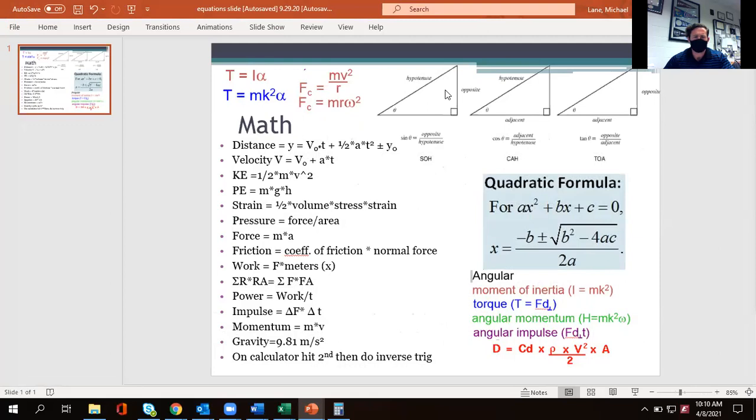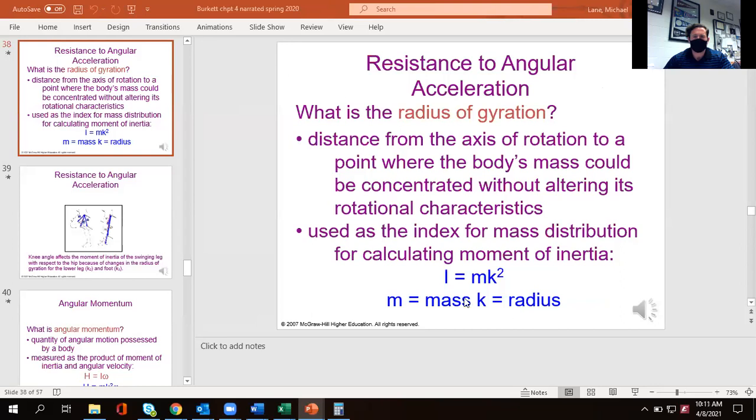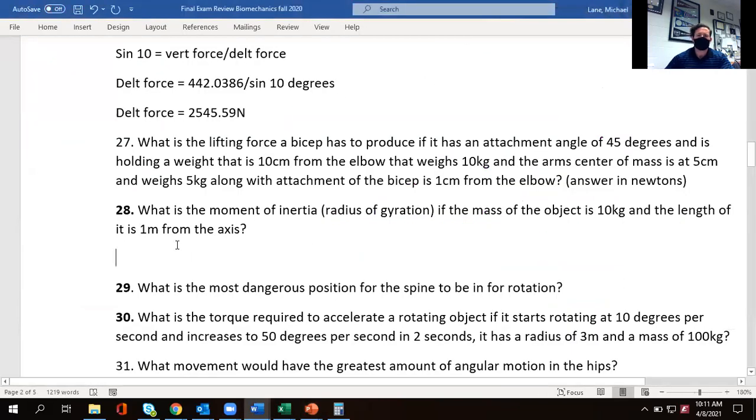Give me 1 second. Actually, I do. I'm not being very smart. The inertia is going to equal our mass times our radius squared. So when we come here again, it's simply going to be 10 times 1 times 1.